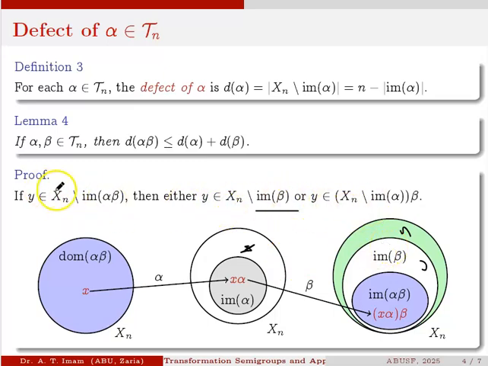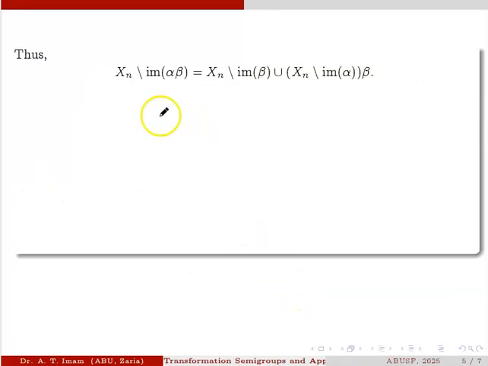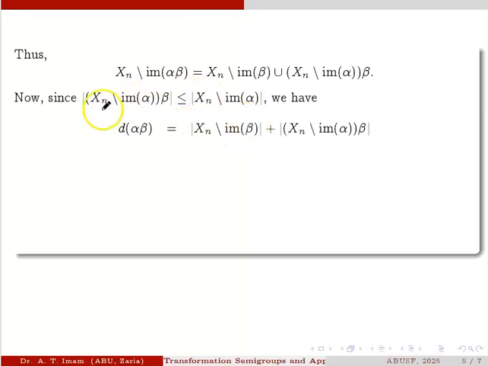This means that this particular set, the defect of the product, can be partitioned into this or that, and it is always the case that this is a disjoint union. With one extra observation, this set is always less than or equal to this particular set, because this is the image.